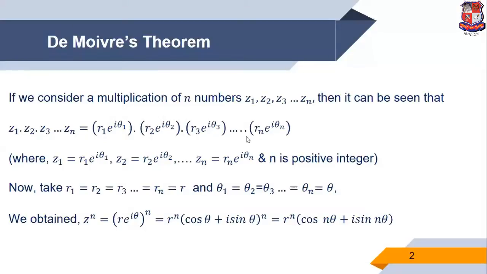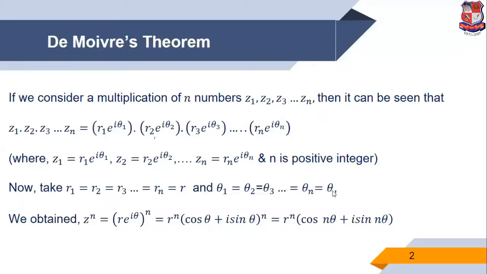Now, in this equation, we take r1, r2, r3 up to rn equal to r. That means r1 is r, r2 is r, r3 is r, up to rn is r. Similarly, theta 1 equals theta 2 equals theta 3, and all values we consider theta.